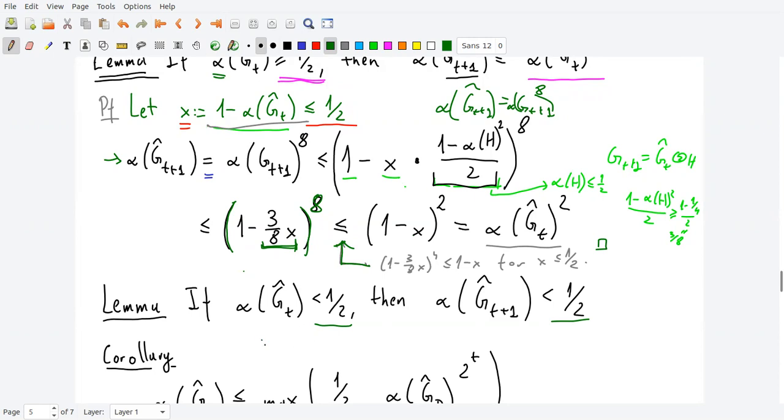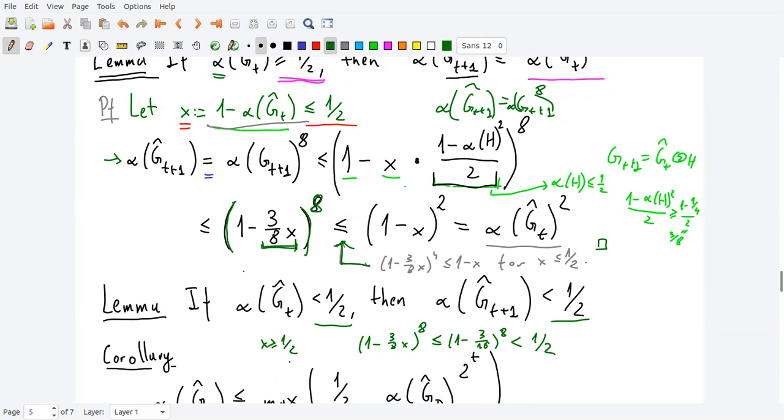However, now if we have x at least 1/2, then what we have is this 1 minus 3/8 x to the power 8. So if now x is at least 1/2, then this is upper bounded by 1 minus 3/16 to the power 8. And you can believe me, I actually checked it yesterday on a calculator, and 1 minus 3/16 to the power 8 is actually significantly smaller than 1/2.